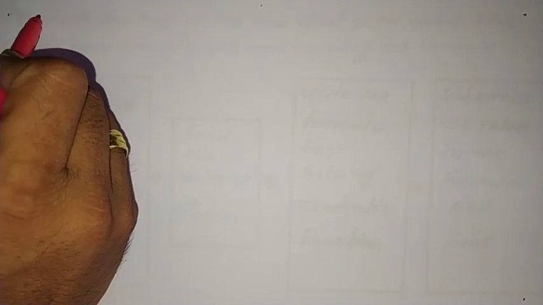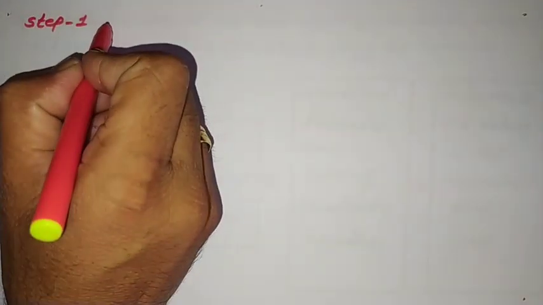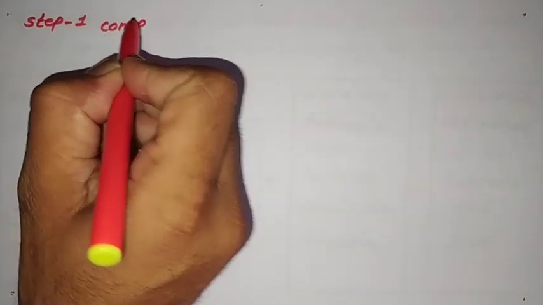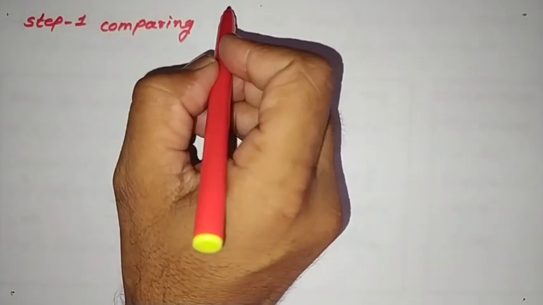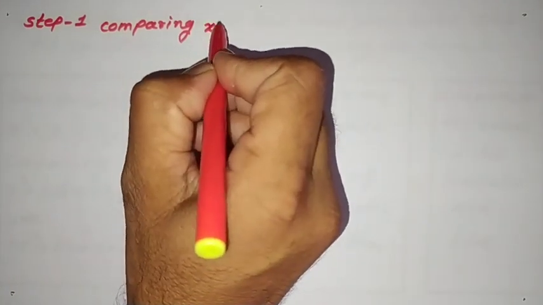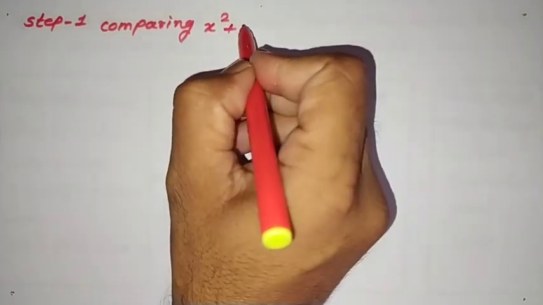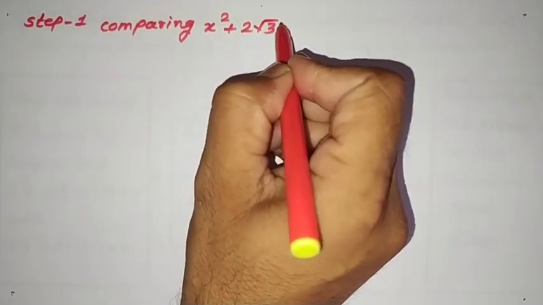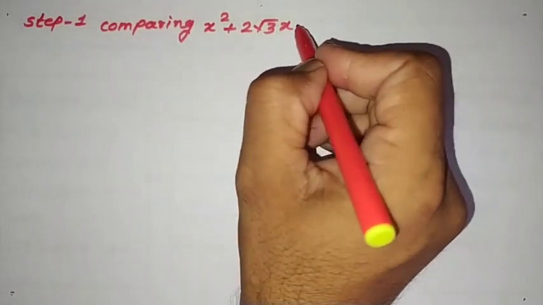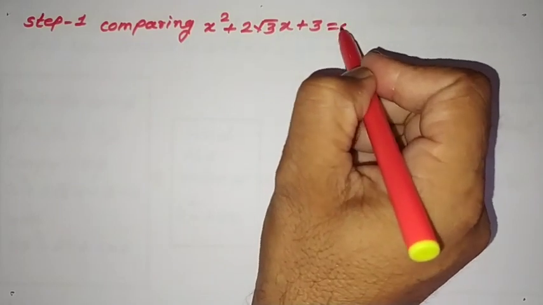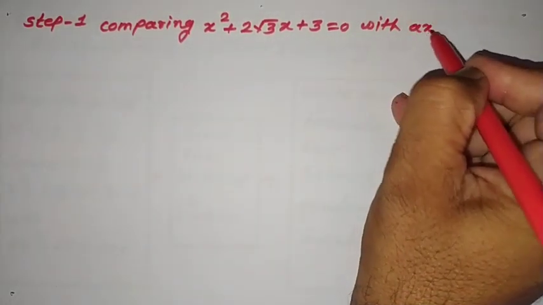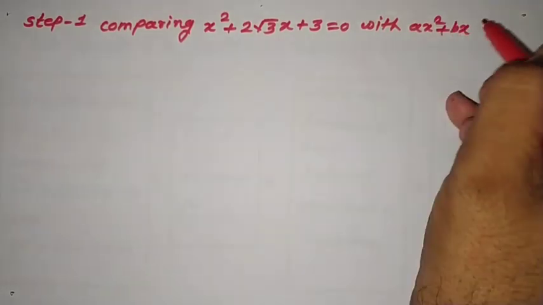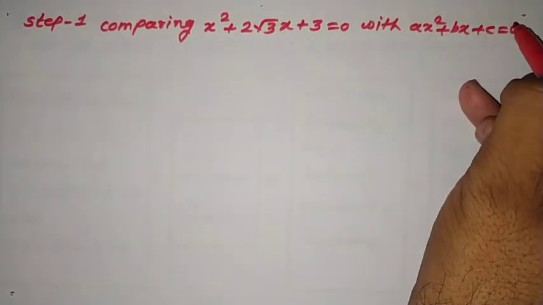First, comparing x square plus 2 root 3x plus 3 is equal to 0 with ax square plus bx plus c is equal to 0.